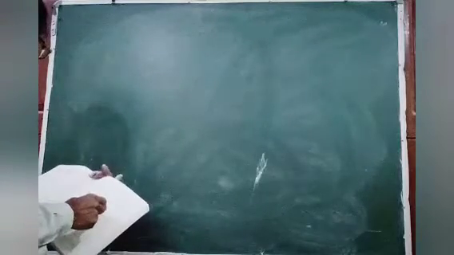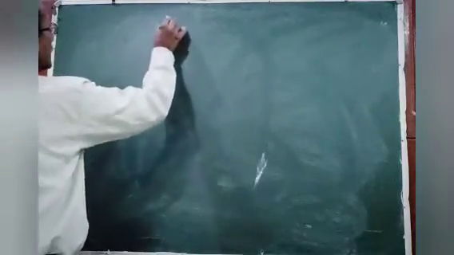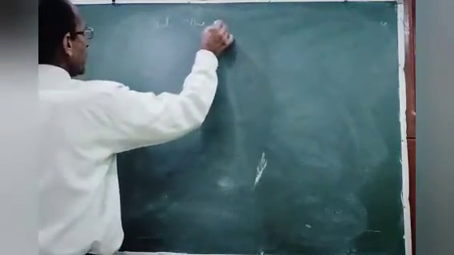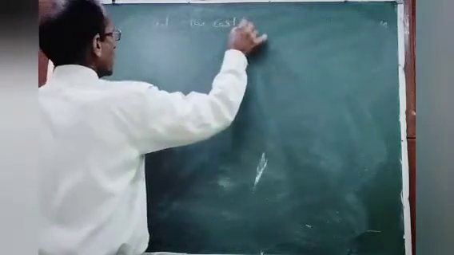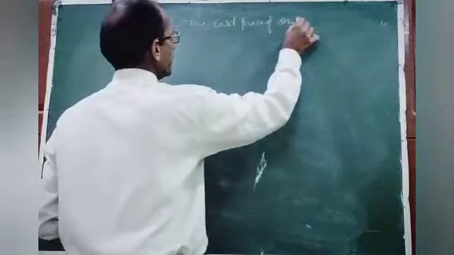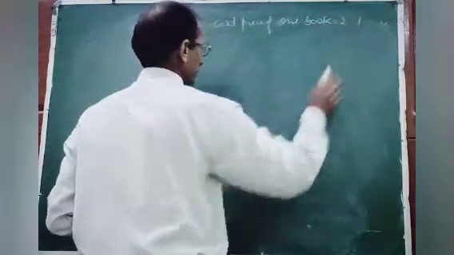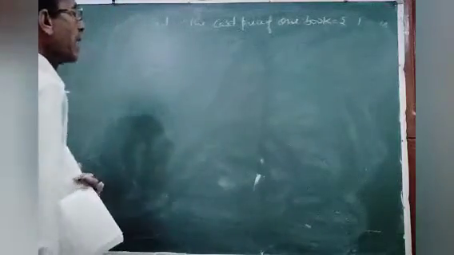Find the profit percent. The cost price of 8 books is equal to the selling price of 6 books. Let the cost price of one book be rupees 1.